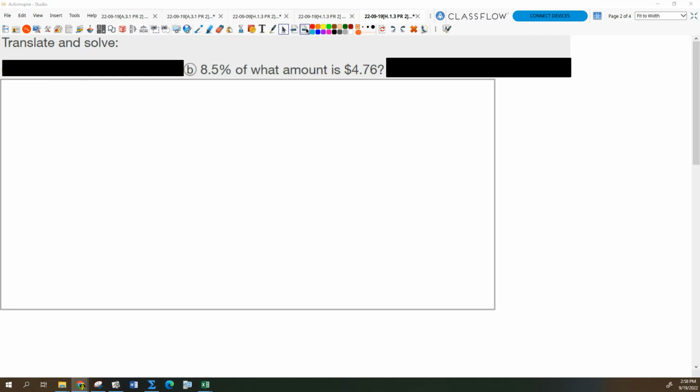What amount is our unknown, so we call it x. Then how would I say 8.5% of x? 0.085 times x. That's how we'd say it, equals 4.76.